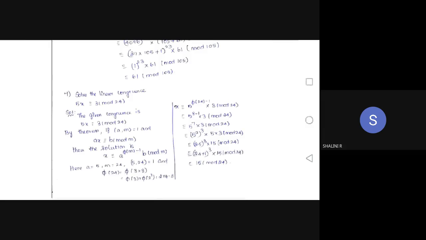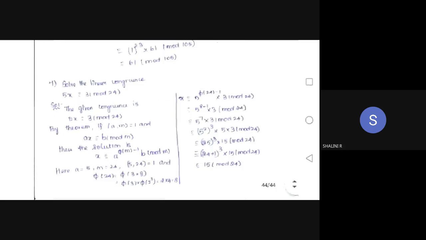So you know the theorem: if A is relatively prime to M, then the linear congruence Ax is congruent to B mod M has the solution x is equal to A to the power phi of M minus 1 into B mod M.